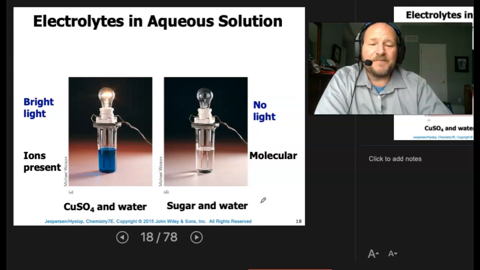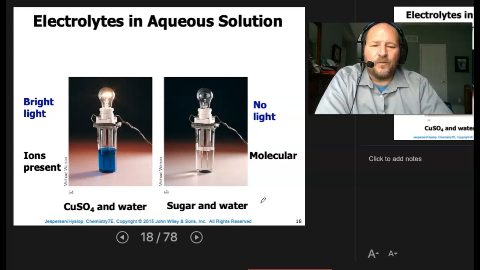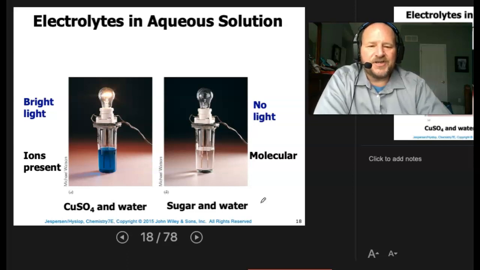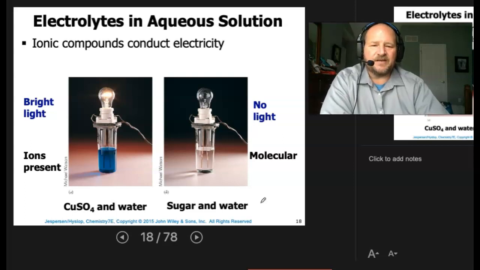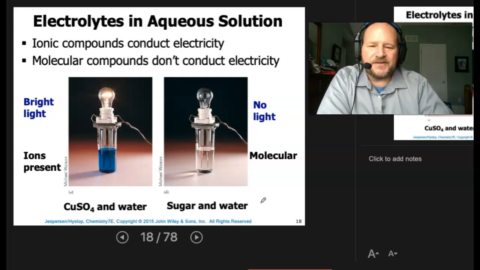You basically mess up the water from being a conductor and turn it into an ionic solution. Okay, so keep that in mind. Pure water is not a conductor. Okay, only when we put an ionic solution in there or something that's giving off ions will it become a conductor and allow that circuit to be completed. So ionic compounds then will conduct electricity, molecular compounds will not.